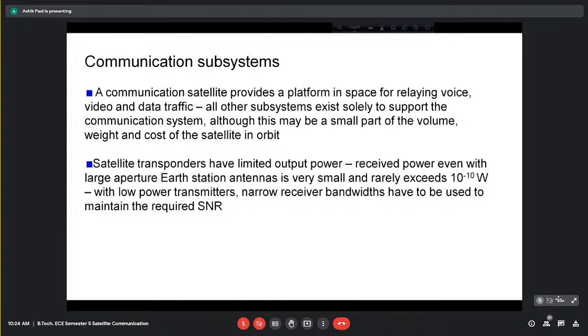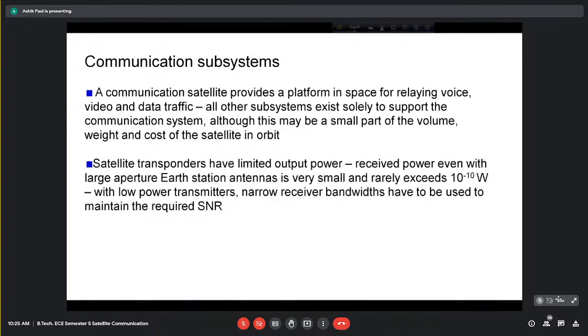However, this communication subsystem is actually a small part. It occupies a small part of the volume, weight, or cost of the satellite in orbit. One of the major limitations of satellite communication is that the signals we are dealing with are extremely weak, with very small power.